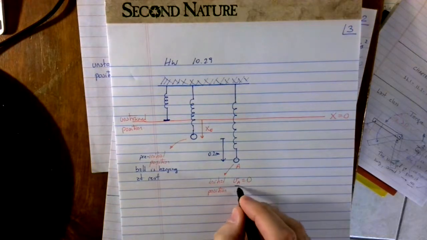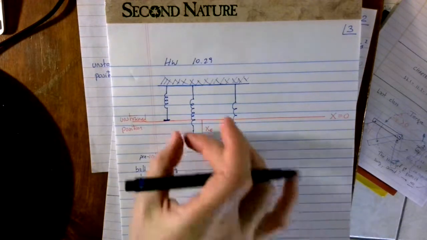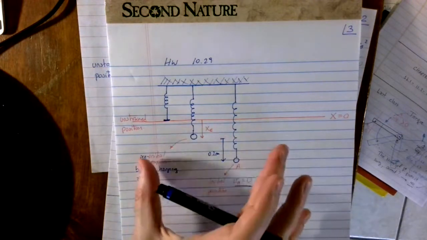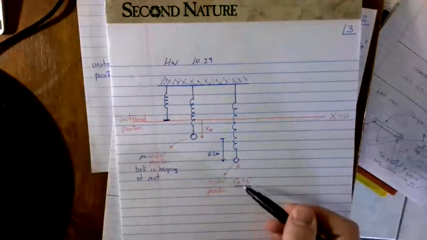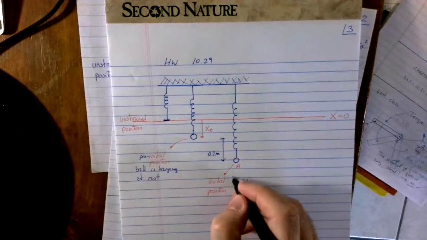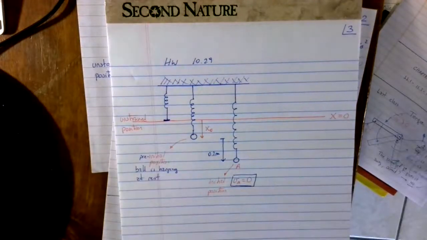Yes, the answer is yes, if you release it with 0 velocity, right? So you elongate it, you release it, and then definitely the initial velocity is 0 because you are releasing the ball.